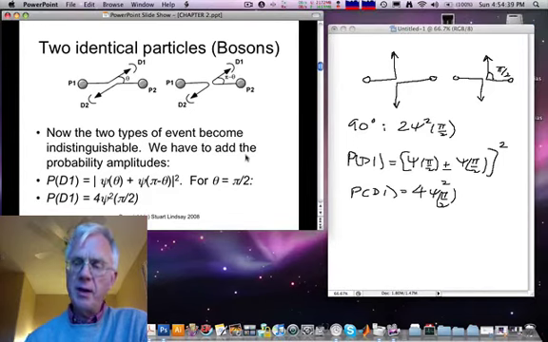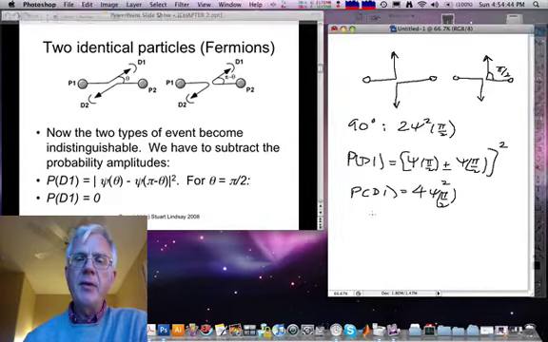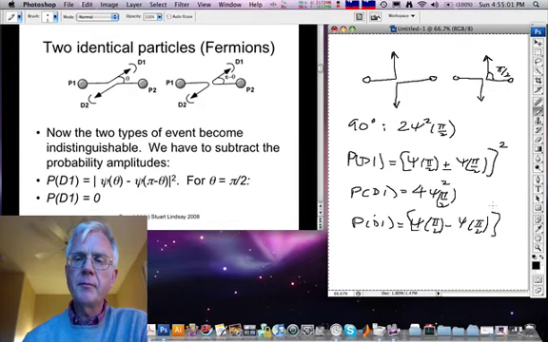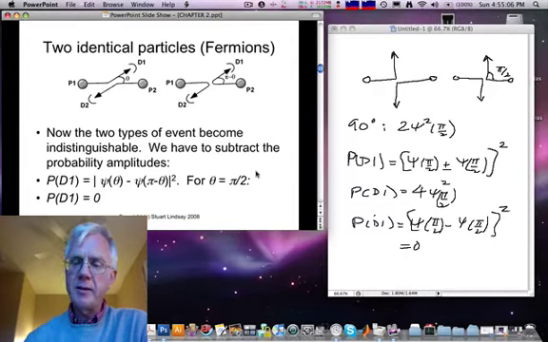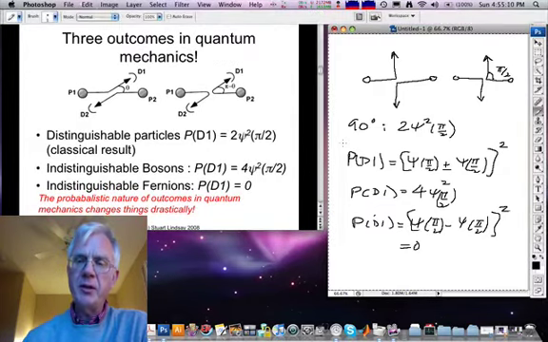On the other hand, if we had fermions, we had to take the minus sign, and in that case, the probability of a particle appearing in the detector is just at 90 degrees. But that's just 0. So we see here some very distinct predictions depending on the nature of the particles.